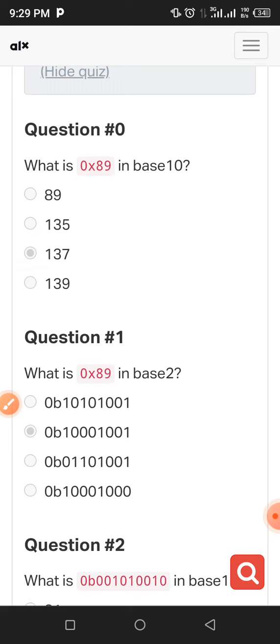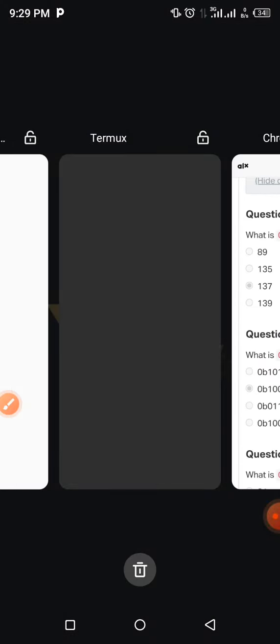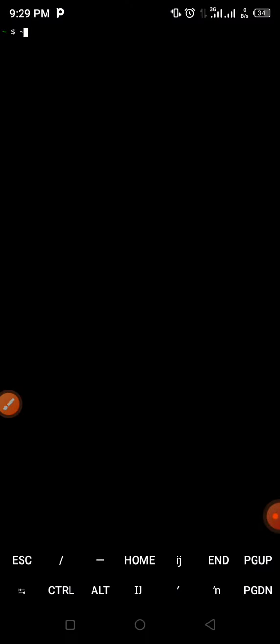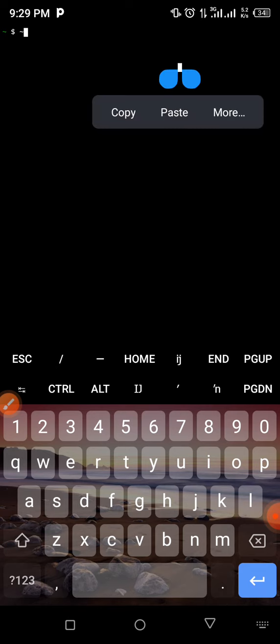To write this in base 10 is very simple. In school, we're taught how to convert from any base to base 10.